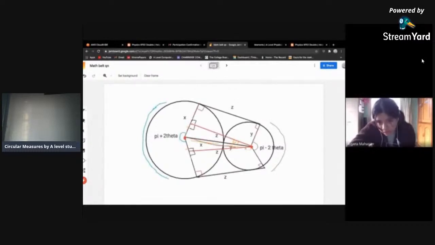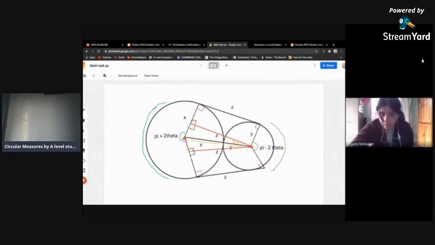And if this is x and you subtract y from here, then this part will be x minus y. Right? You get this, right? This whole thing is x, this thing is y. So if you subtract, you get this portion to be x minus y. And we said that these two triangles are identical. So if this is x minus y, then this is also x minus y. Okay, and this thing is x plus y.